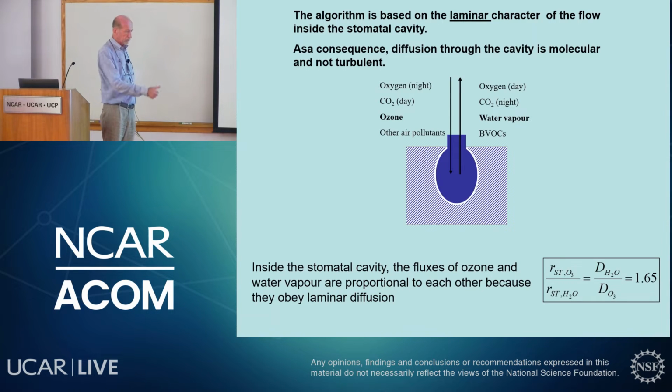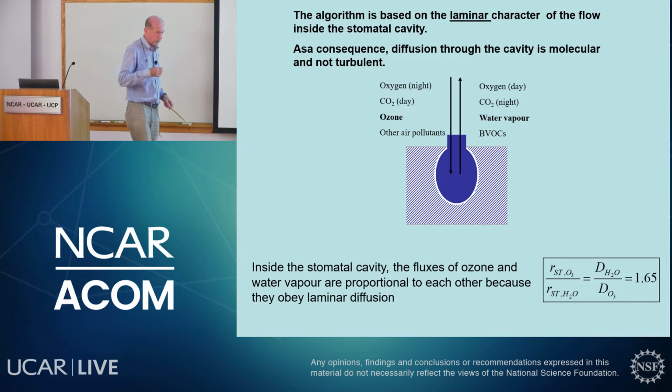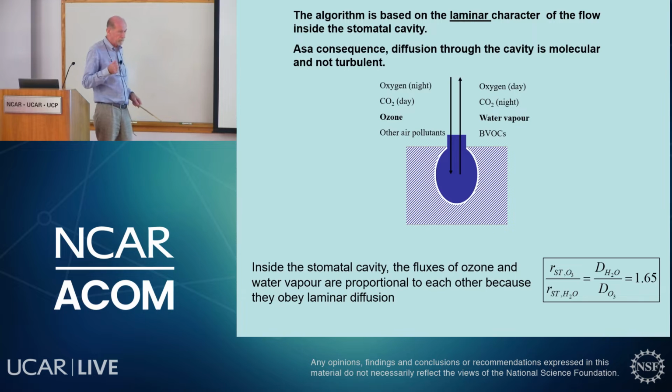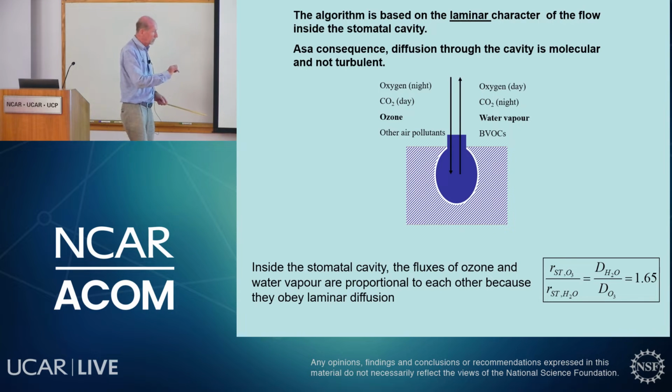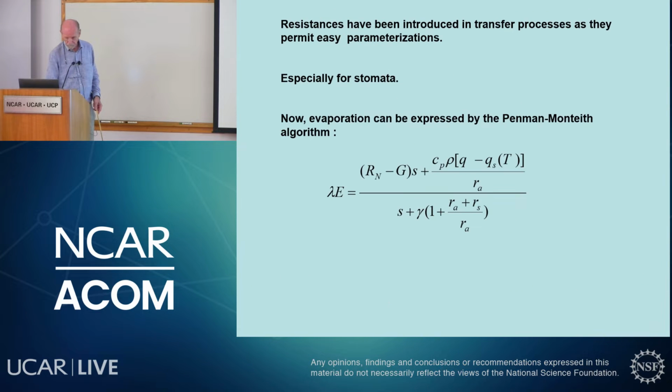So there is one for ozone, there is one for water vapor, and they are all constant. So we use the ratio between the molecular diffusion constants of water vapor and ozone, which is a unique number, 1.65. And so we can use the evaporation rate as a proxy for ozone penetration to the plant, to the stomata.